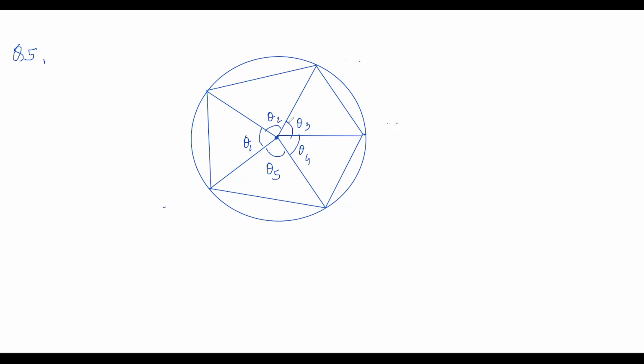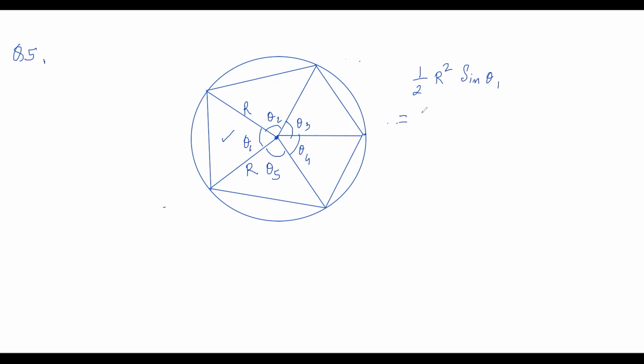Now, as we know, the area of each of those smaller triangles is half times the radius, that is r, times r sine theta i, right? And now r is 1. So the area of, suppose this triangle, is half r squared sine theta 1.